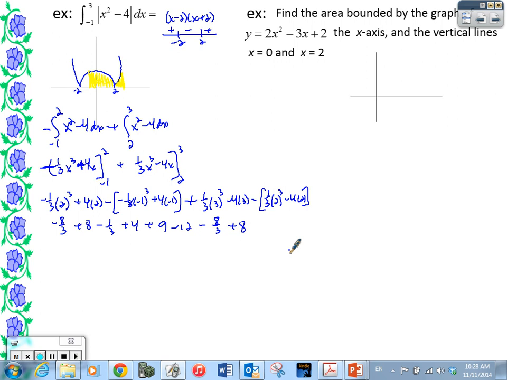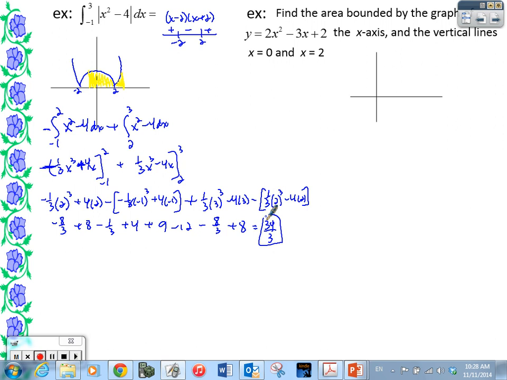Okay, y'all checking my arithmetic? Hopefully. Oh, I have it written down. We'll look. So plus 8, yeah. Yep, it looks fine. So I'm not going to take you through all of that arithmetic. You will end up at 34/3 for your final answer after you combine all those together.